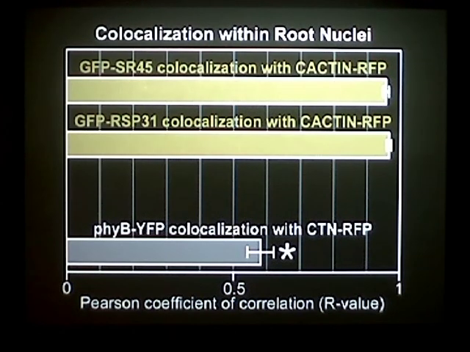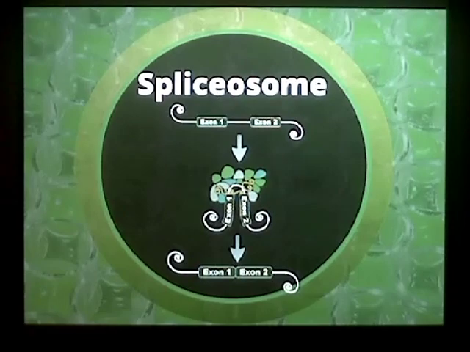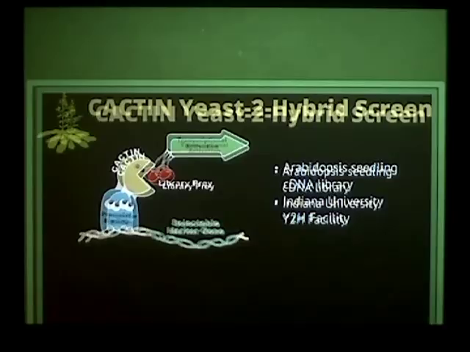And you can see that cactin RFP with GFP SR45 and cactin RFP with RSP31 both give an extremely high level of correlation between their localization. Our negative control down here comes in much lower, and it's statistically different from our proteins of interest. So this was showing us that the speckles that cactin was localizing to are the same speckles that these spliceosomal components are localizing to. So this was also fitting with our new hypothesis.